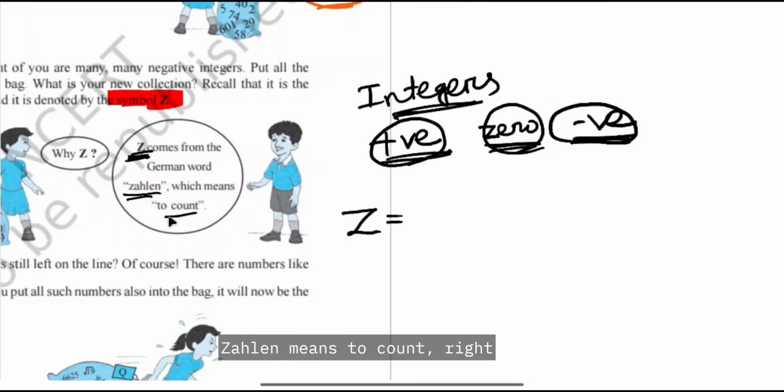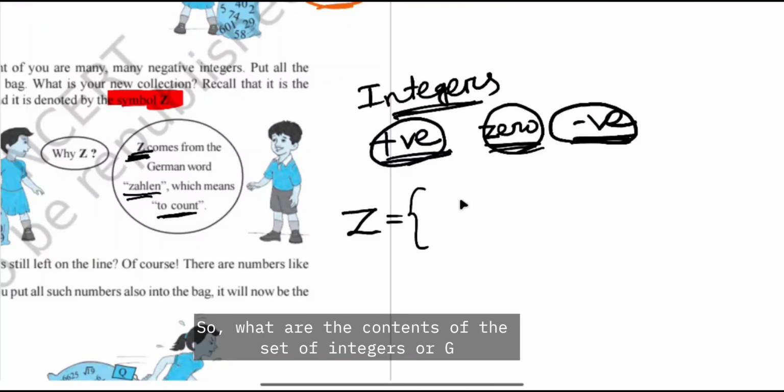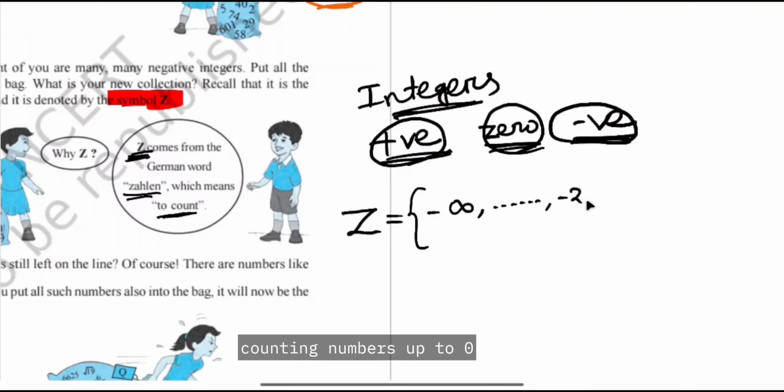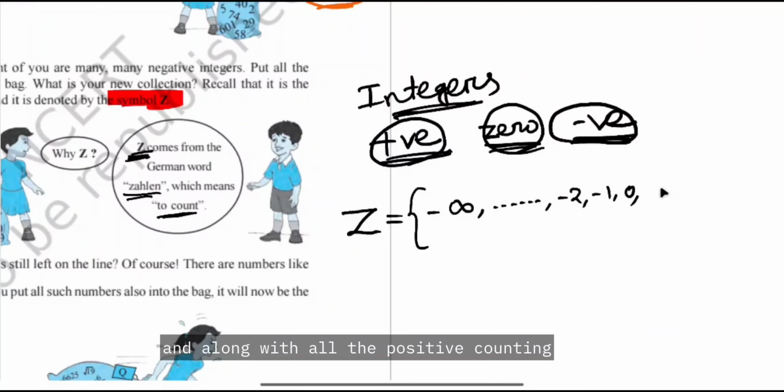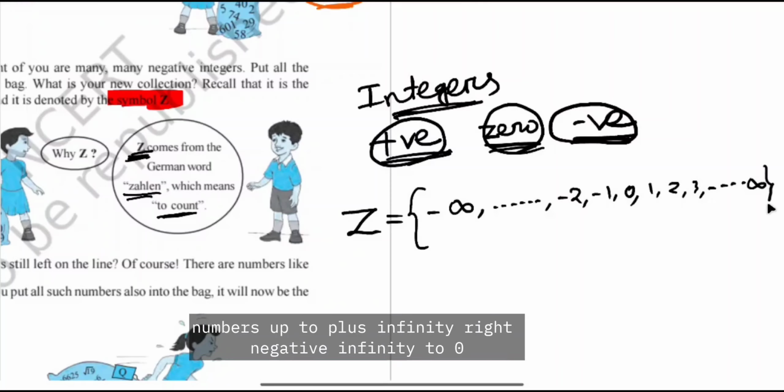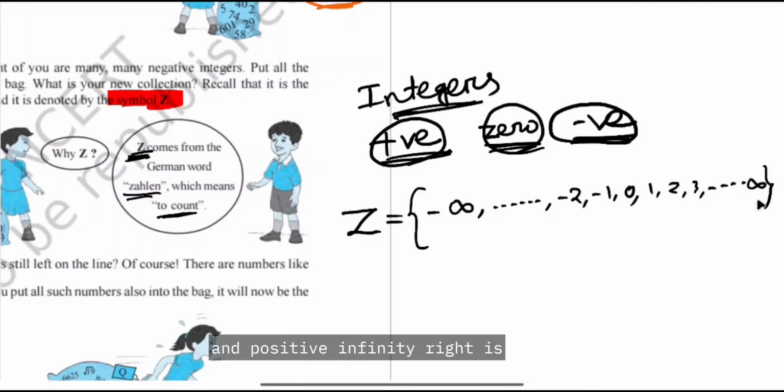Zahlen means to count, that's why integers are denoted by capital Z. So what are the contents of the set of integers? All the negative counting numbers up to 0 and all the positive counting numbers up to plus infinity, right? Negative infinity to 0 and positive infinity.